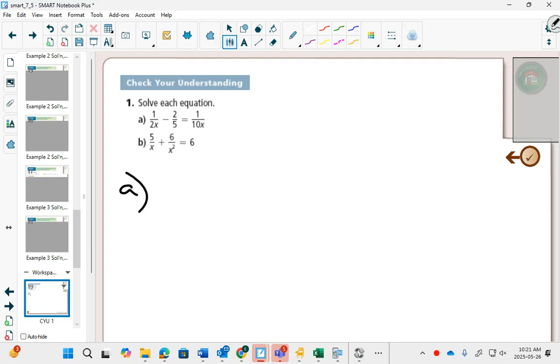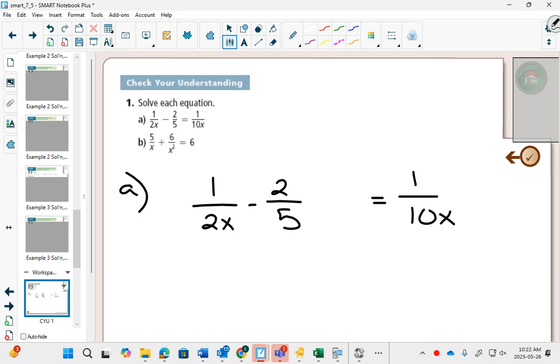We're going to get our common denominator. I'll leave space in front of this one, behind this one, and behind this one. So I look at my numbers, 2, 5, and 10. What's the lowest common denominator for 2, 5, and 10? 10. So this one would need a 5 and a 5, this one will need a 2 and a 2, and this one has the 10 already.